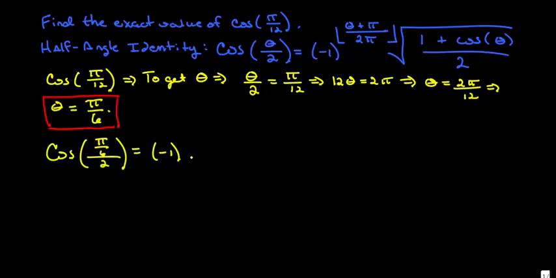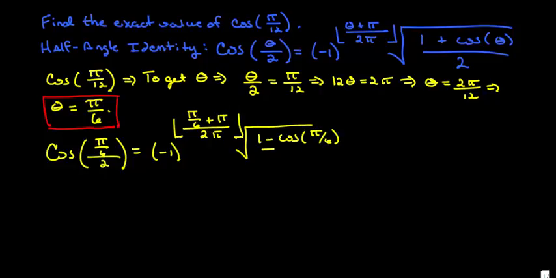Negative 1 raised to, now, different books will have different approaches to doing this. I'm going to use the floor function. So theta is pi over 6 plus pi over 2 pi. We're going to take the floor of this, then multiply that by 1 minus the cosine at pi over 6 over 2.